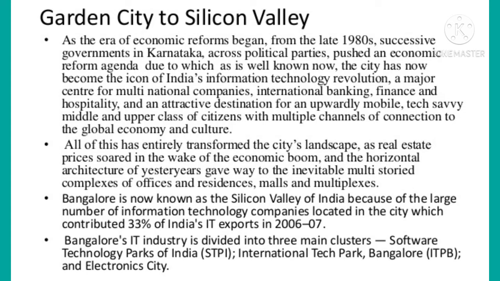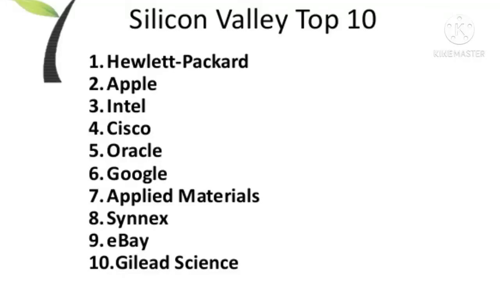If we compare this, we can compare it with the main IT industry at Silicon Valley, USA, which is situated in California. It is also for software, hardware, systems, databases, and telecommunication.